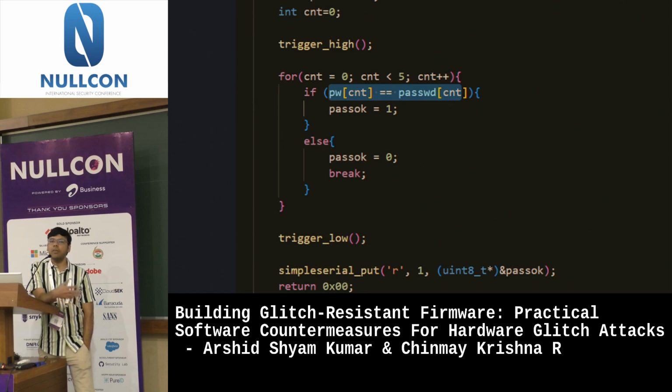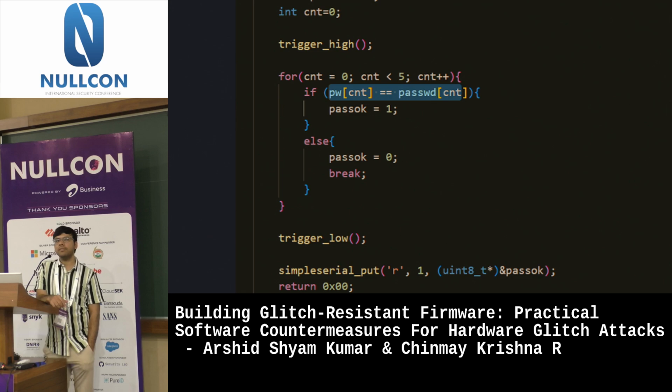But getting a multi-glitch precisely is harder. I think there was a study which showed that getting a precise multi-glitch is like 10 to 20 times harder than a single glitch. Yeah, for sure.